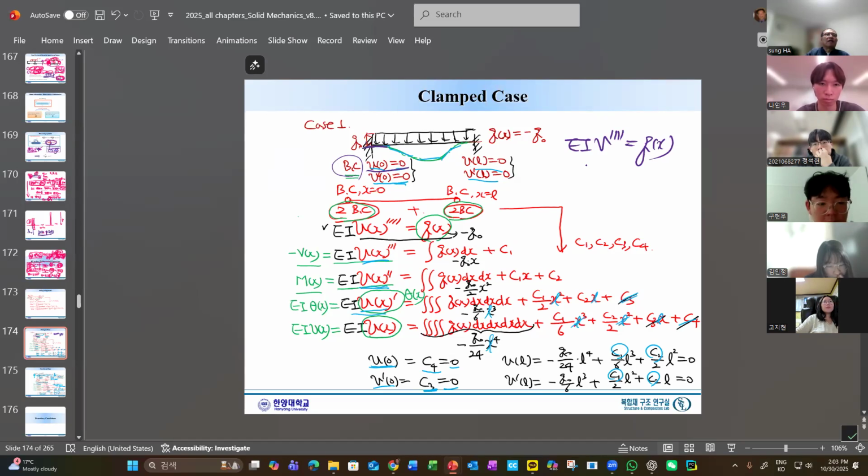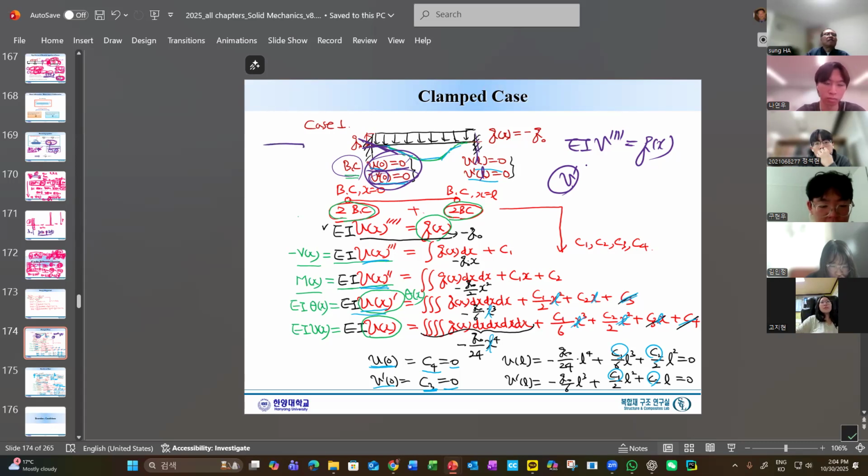Clamped means that it doesn't deflect, no angle, no rotation is allowed. So V prime, what is V prime? This is the slope and it should be zero. So for clamped, the deflection is zero and the slope is zero, at x equals L.